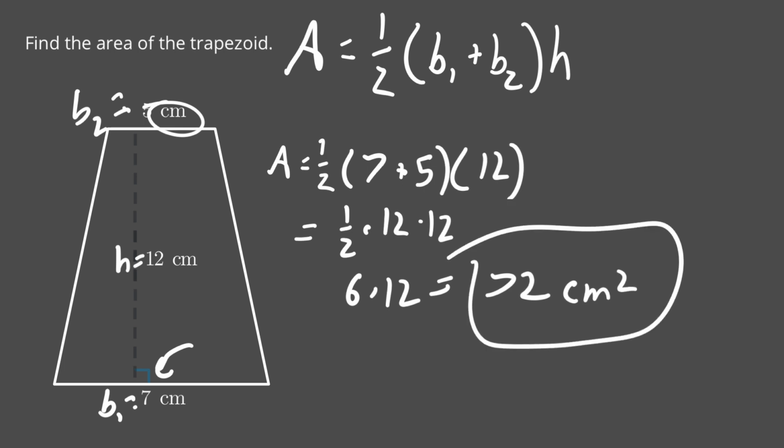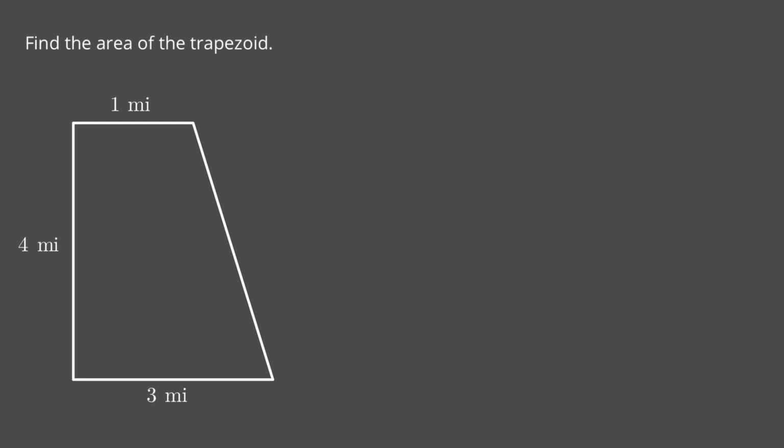Let's try another one. Here we have another trapezoid. Let's write out the area, and we'll apply the formula. We have base 1 on the bottom, base 2 on the top, and we have the height on the left side, which is 4. Again, we know that this is the height because it's perpendicular to our bases.